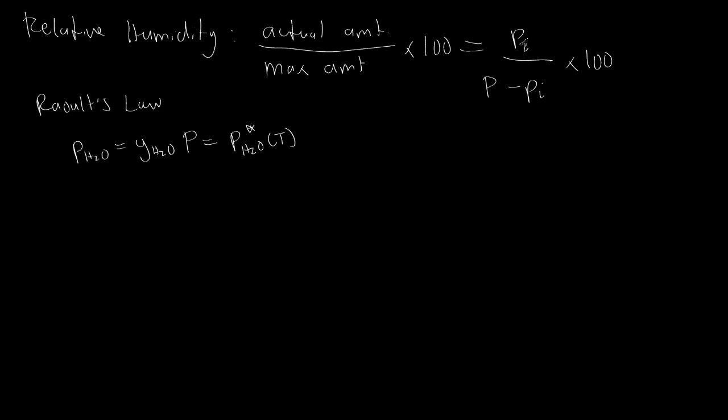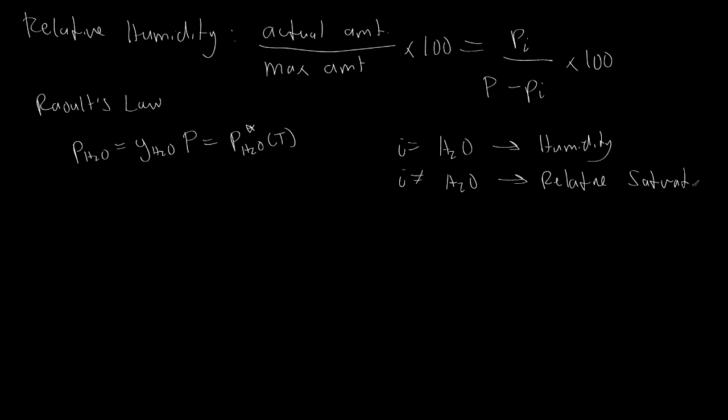And in this case, if I is equal to water, this is what we refer to as humidity. If I is not water, we would refer to this as relative saturation. This here would represent the amount of species I, and this term here with the total system pressure minus system I is everything but component I.